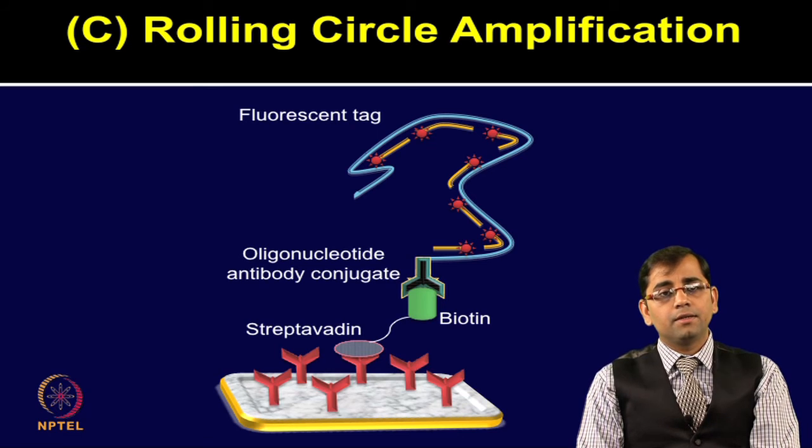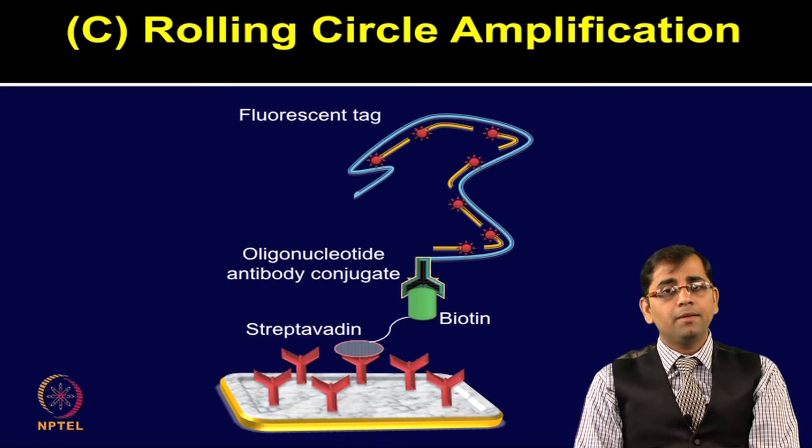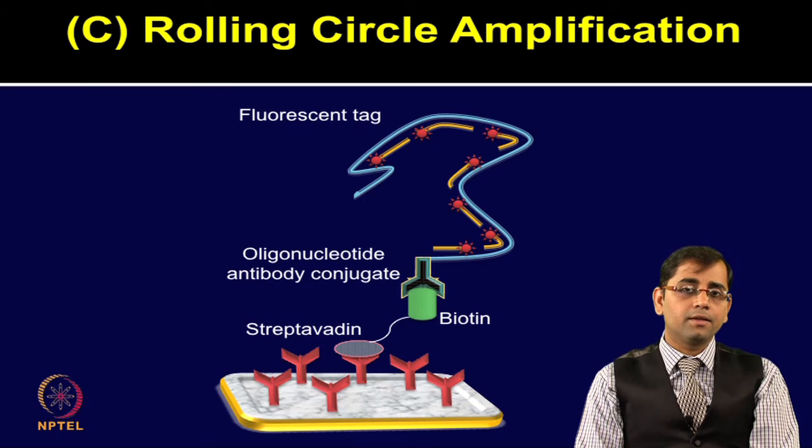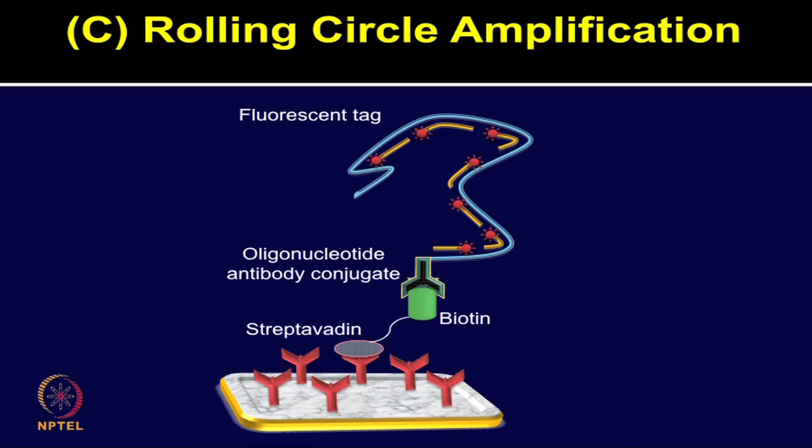This is then detected by an oligonucleotide linked anti-biotin antibody as shown in this slide. The two-color RCA method has also been used for detection of various labeled proteins from serum samples that are captured on antibody microarrays. The RCA method produces 30-fold higher fluorescence as compared to direct or indirect fluorescence labeling approaches.